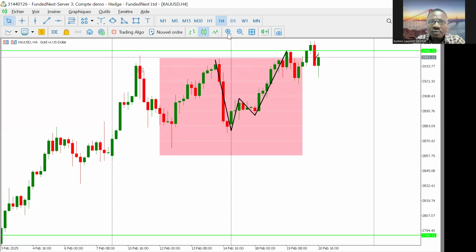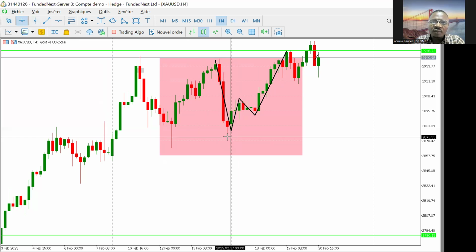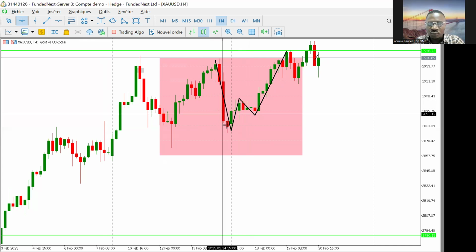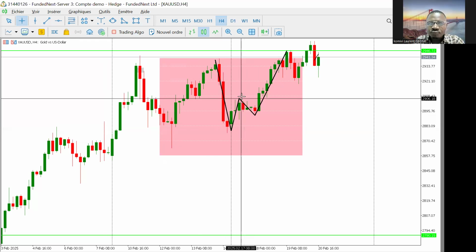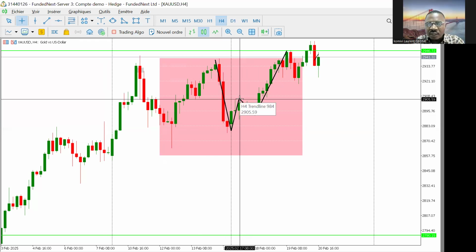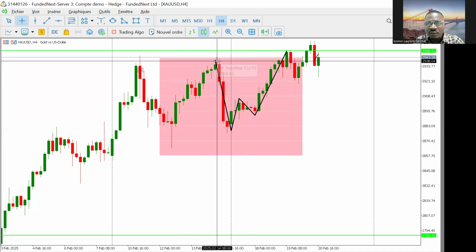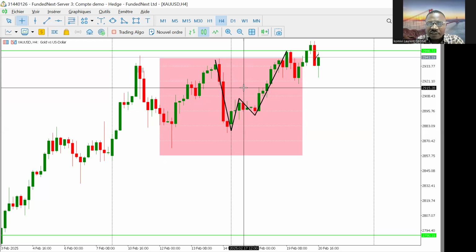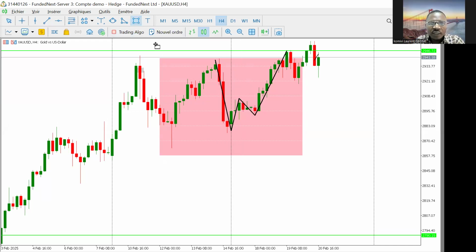Okay. So what do I personally do when the first drop is formed and the price rises to a resistance level? I check inside the rising of the price. When the price drops first and gets up the second time, I will check for a zone. Okay, I have a gap here.